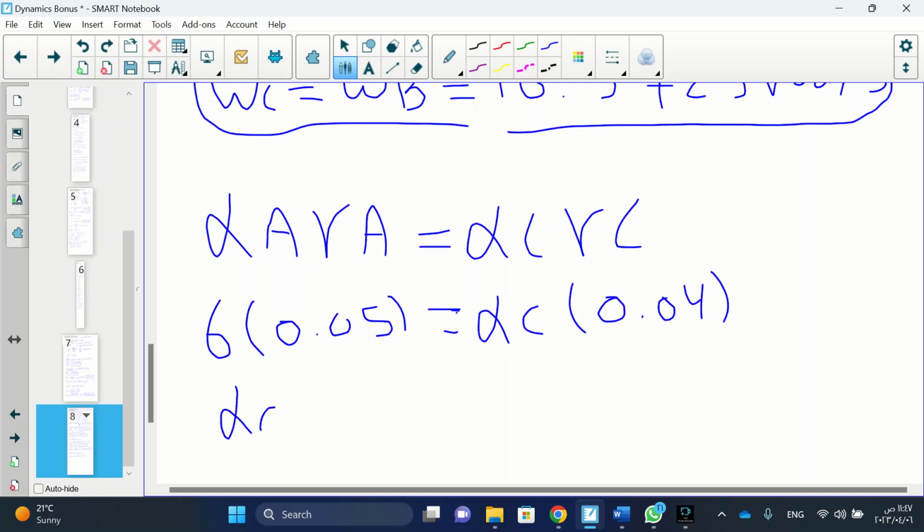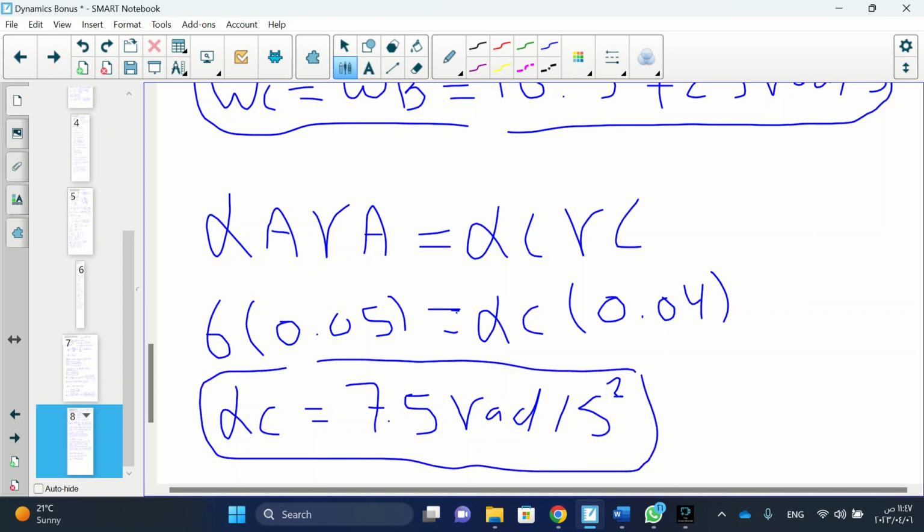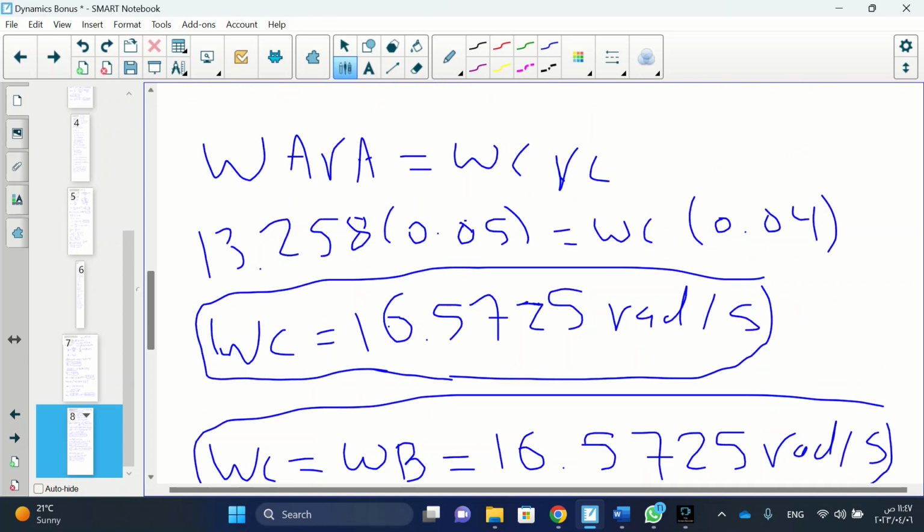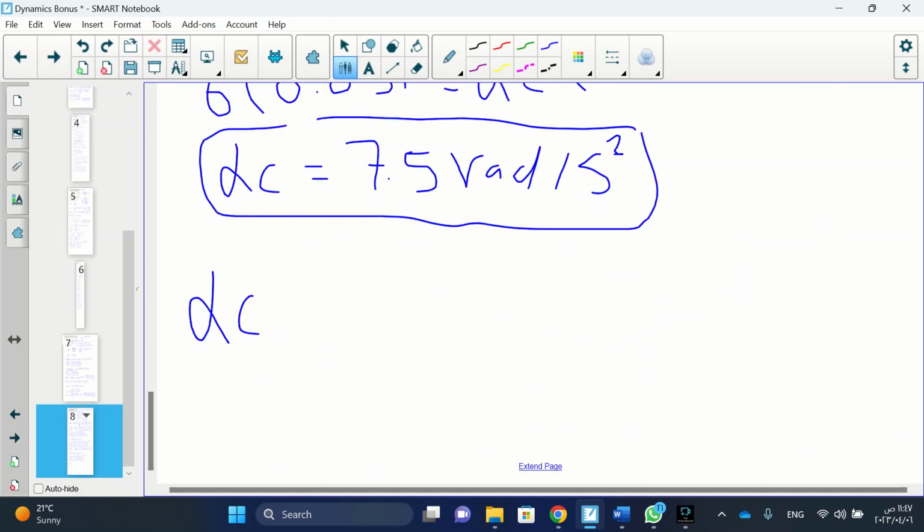With simple calculation, our alpha C will be 7.5 rad per second squared. And again, because C is inside B, alpha C equals alpha B, equal to 7.5 rad per second squared.